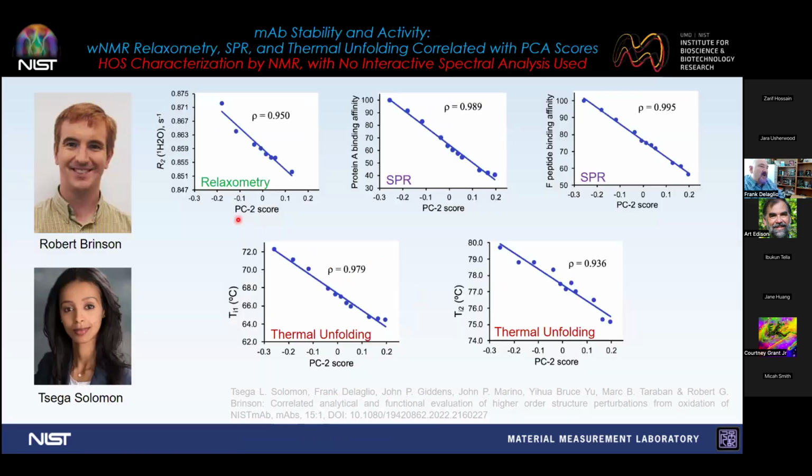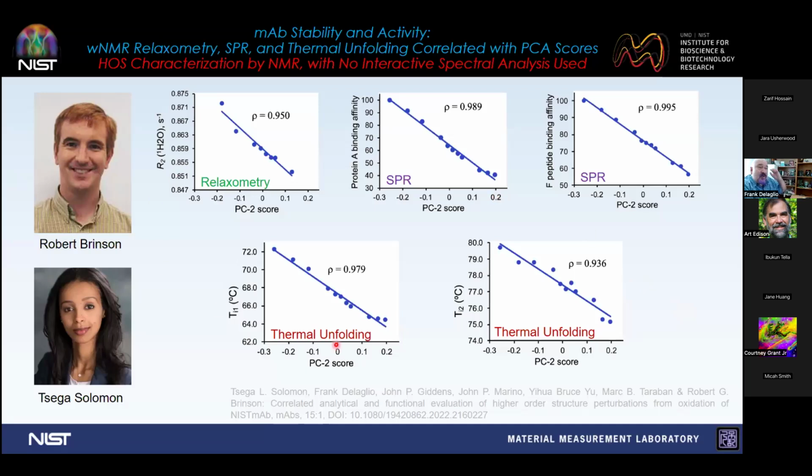And now look at what happens when we correlate them with the principal component analysis scores. In all of these cases, the relaxometry data, the activity by SPR, the stability by thermal unfolding, all of these correlate directly with the principal component analysis score values.